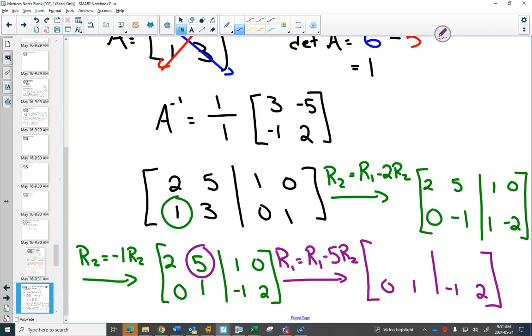And row 1, this will say a 2. 5 minus 1 will be 0. This will become 6. And row 1 minus this will be negative 10.